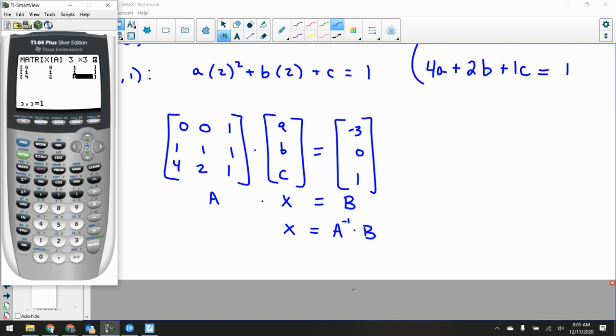I want to go back into matrix B. I want to edit matrix B into a 3 by 1 with entries negative 3, 0, and 1. Okay, now I go back out to my home screen. Remember, back out to the home screen. And now I want to do A inverse B. Matrix A inverse matrix B.